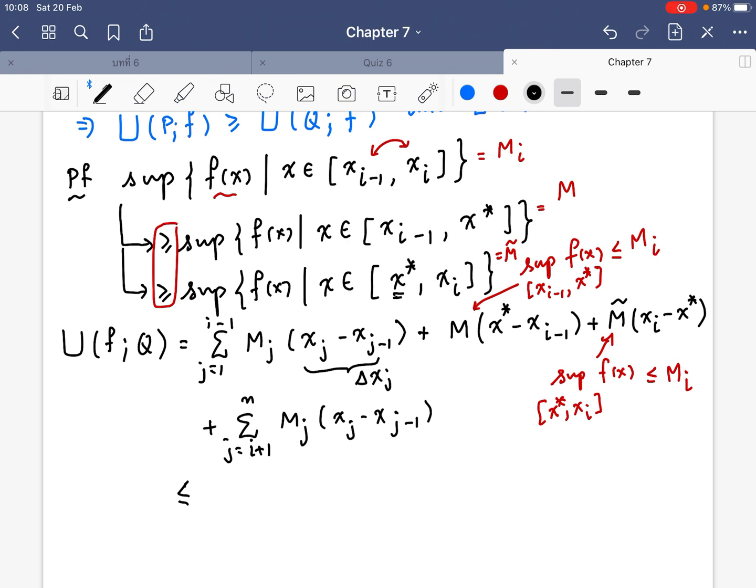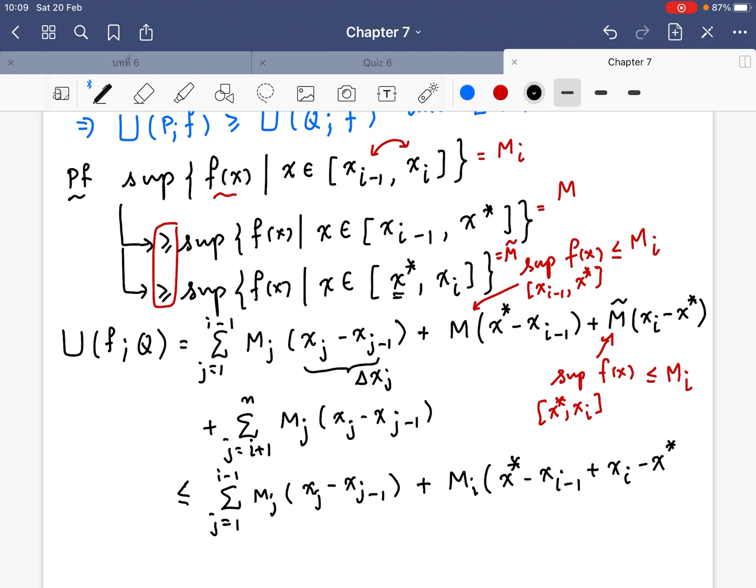So as an inequality, you can combine this one: from 1 to i minus 1, M_j times (x_j minus x_{j-1}), this one you can combine as M_i, and then M times (x star minus x_{i-1}) and M tilde times (x_i minus x star), and add the rest, M_j times (x_j minus x_{j-1}).